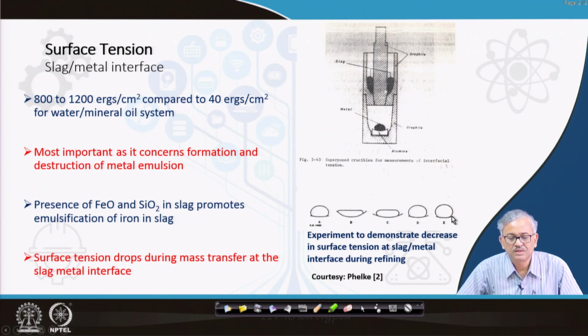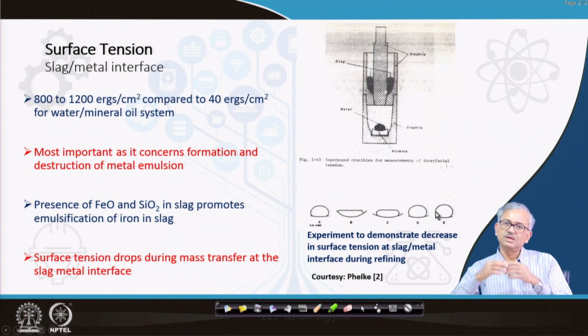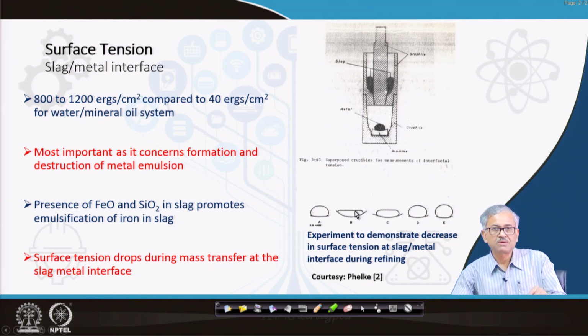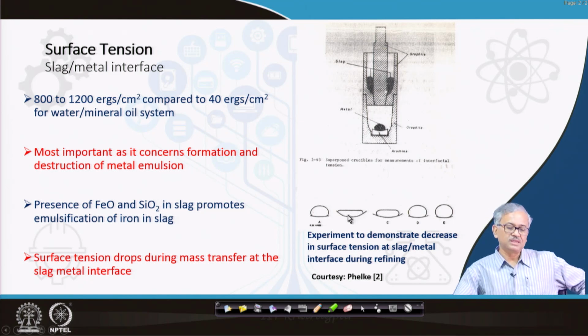And finally there is the metal droplet, and when the mass transfer has finished, the metal droplet has regained its old contact angle, the initial state. So during the mass transfer, the surface tension at the slag metal interface decreases significantly, and that is indicated by a very low contact angle. In this case, you can find an almost flat surface. That means your contact angle is almost zero, that is, the surface tension is almost zero.